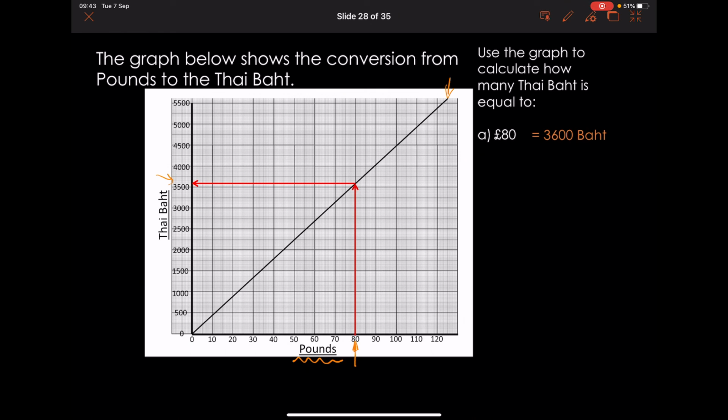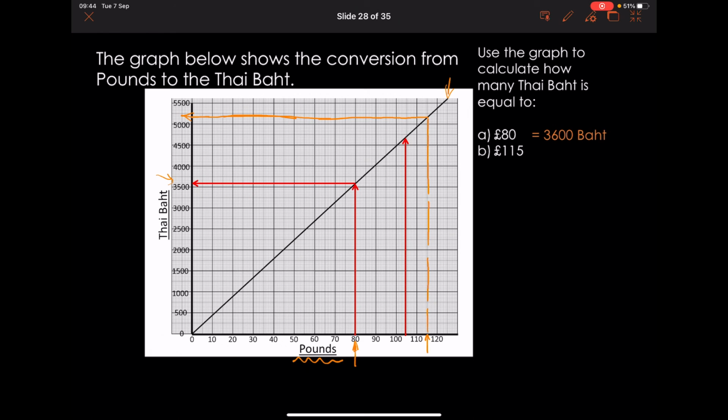Okay. Now, if we had to do that for £115, we would go across to the £115 mark. We would go up to the line. Oh, sorry, that's done that wrong. That's £105. £115 would go up here to that line there. And we would then go across just there. I'm not doing it very well here because I'm using my freehand.